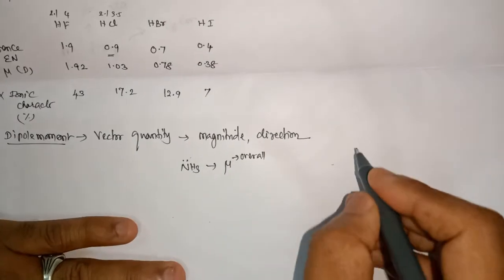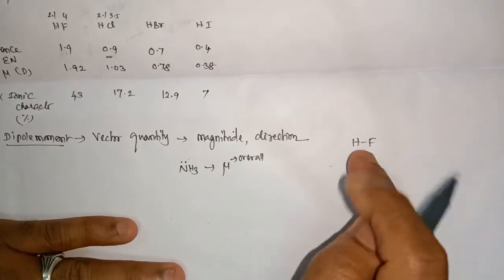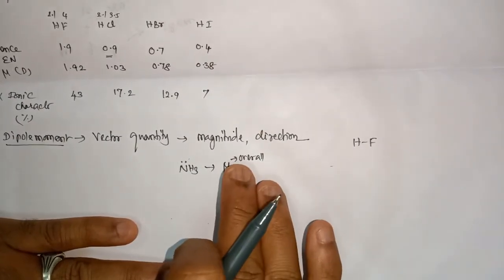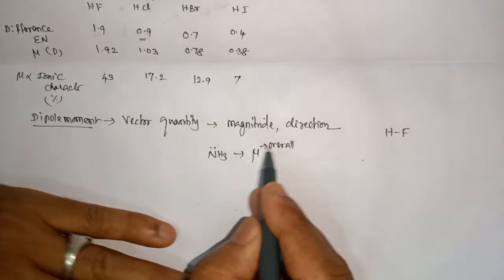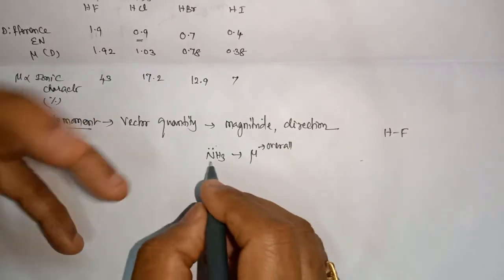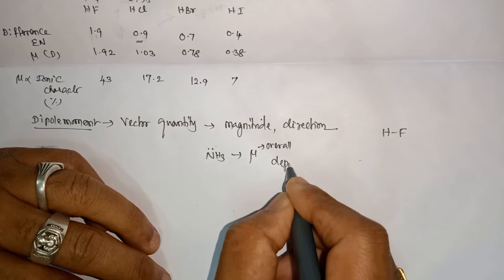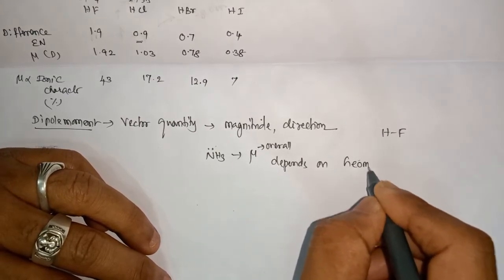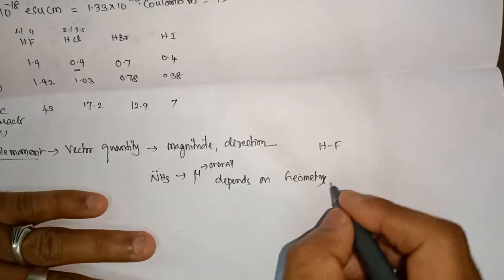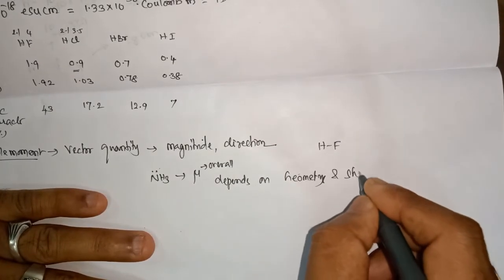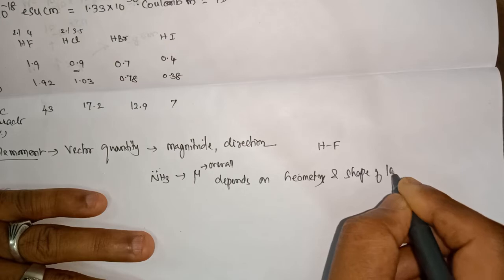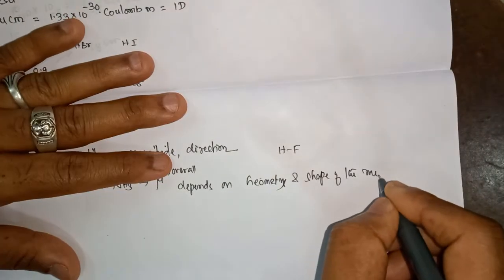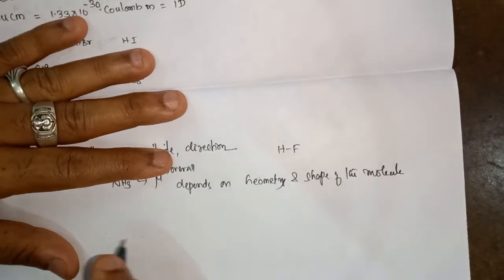Suppose I take a molecule HF, it has only one bond, so no need to use the word overall dipole moment. The overall dipole moment of any molecule depends on geometry as well as the shape of the molecule.